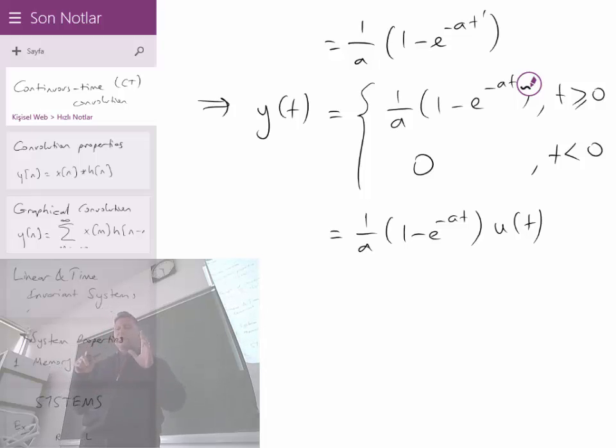Do you remember the convolution result of two rectangular box shapes? What was the convolution of two rectangular box shapes? Yeah, a triangle. If you convolve two rectangular boxes in continuous time, it will again be a triangular shape. A triangular shape, by the way, is continuous, but a box shape is not continuous.